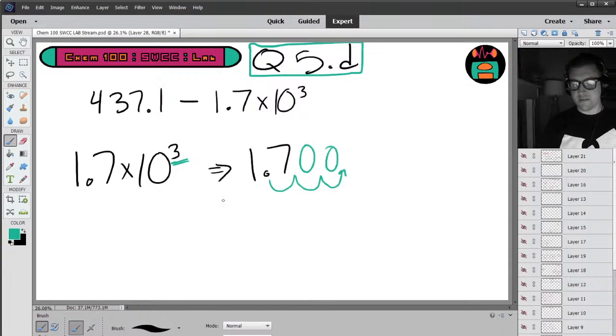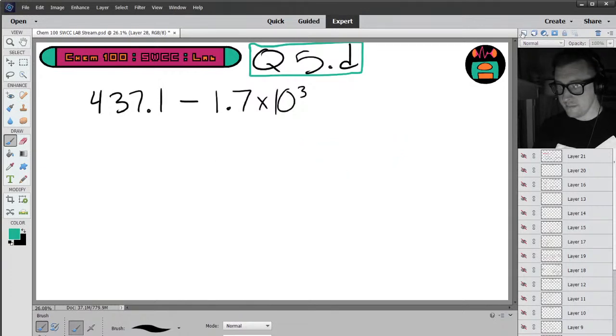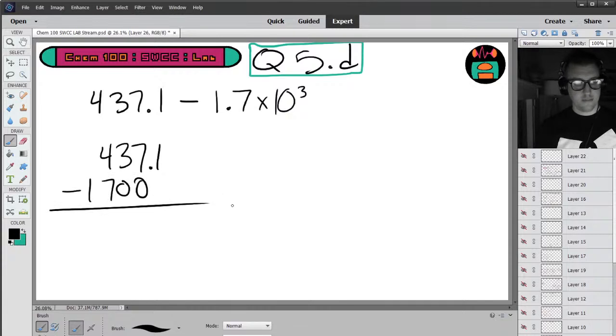So 1.7 times 10 to the third equals 1,700. 1,700 minus 437 is much different than 437 minus 1.7. So let's write this out. 437.1 minus 1,700. Again, busting out the calculator.